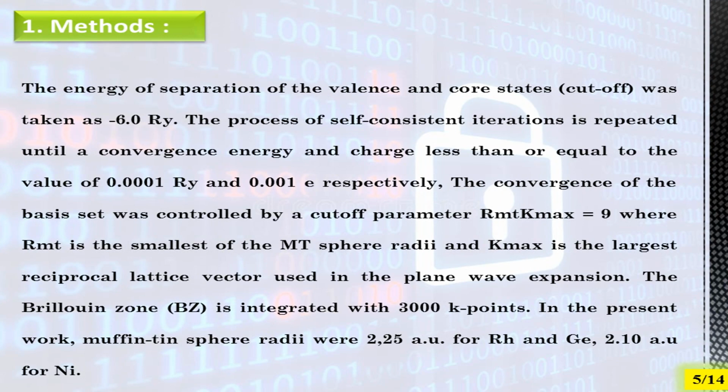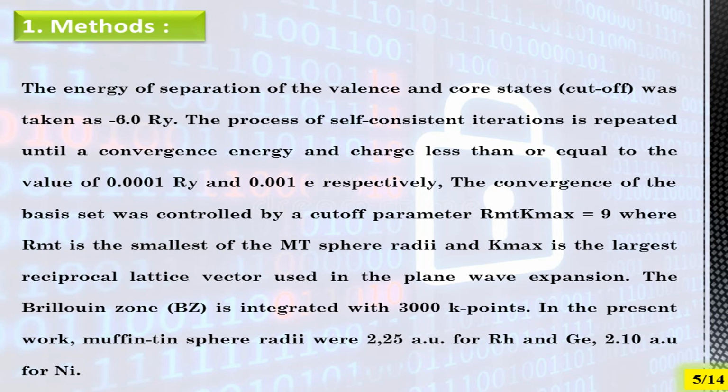The energy of separation of the valence and core states cutoff was taken as -6.0 Rydberg. The self-consistent iterations are repeated until the convergence of energy and charge is less than or equal to 0.001 and 0.001 respectively.